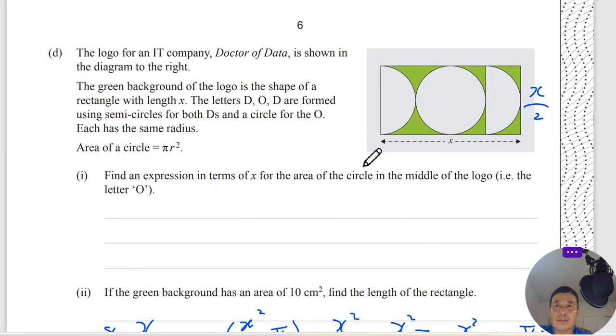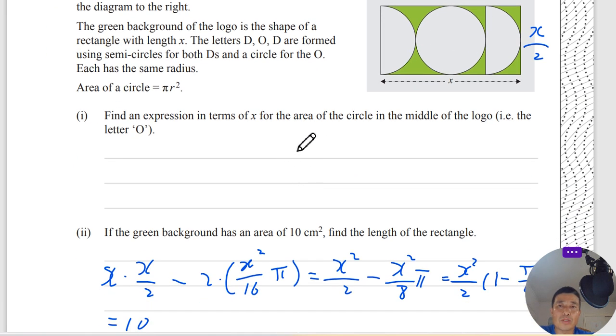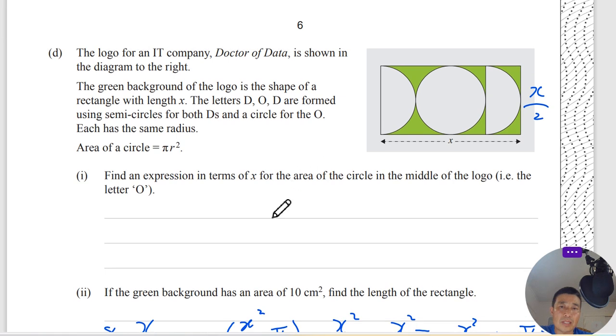This one as well. The logo for an IT company, Doctor of Data, is shown in the diagram to the right. So find the expression in terms of x for the area of the circle in the middle of the logo. So find the circle. Okay. So you will see this question 1 is kind of scaffolding for question 2.